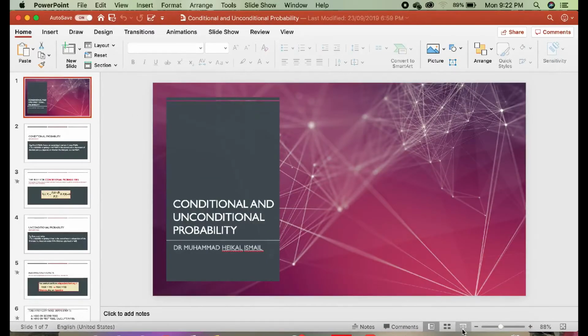Okay, so basically conditional and unconditional probability is directly related to independent and dependent events. Meaning to say that it applies to the intersection, how to calculate the intersections.